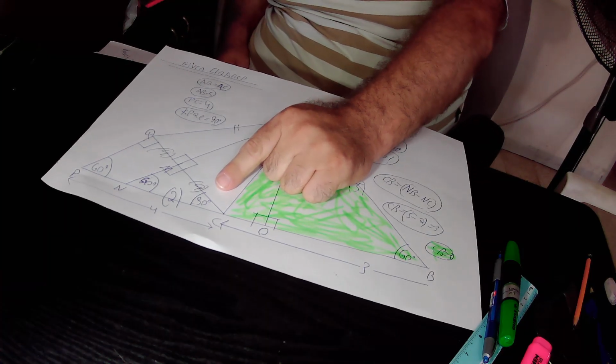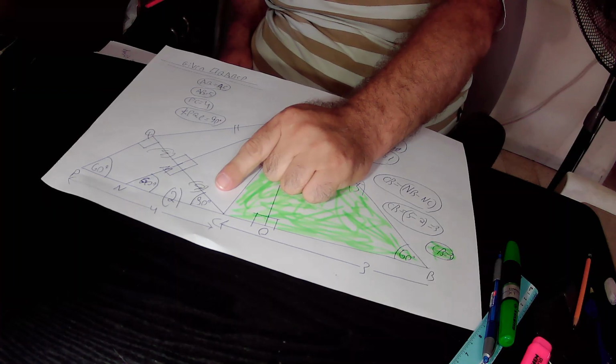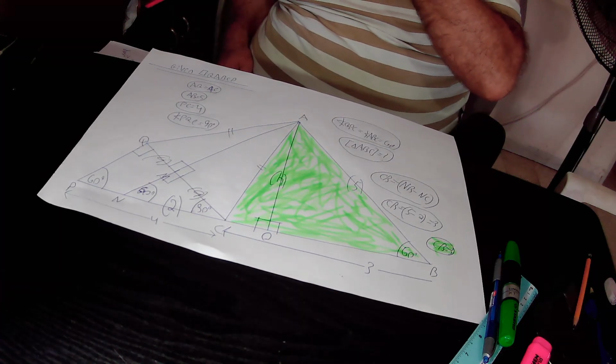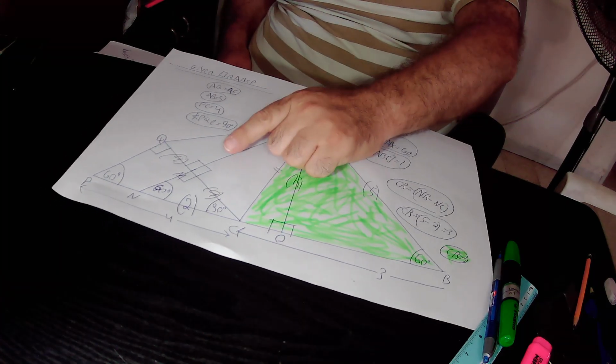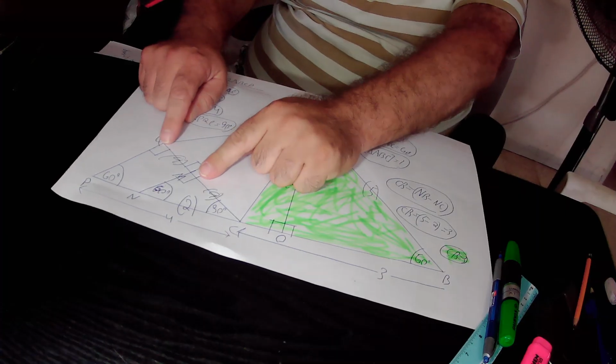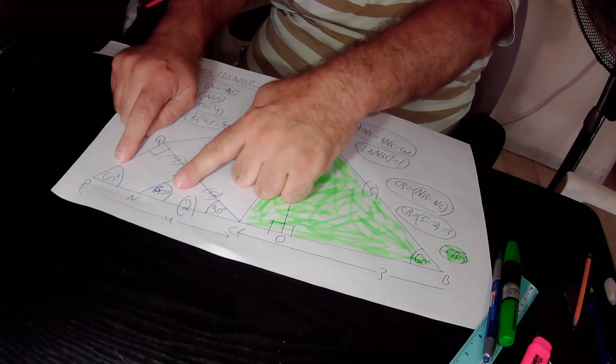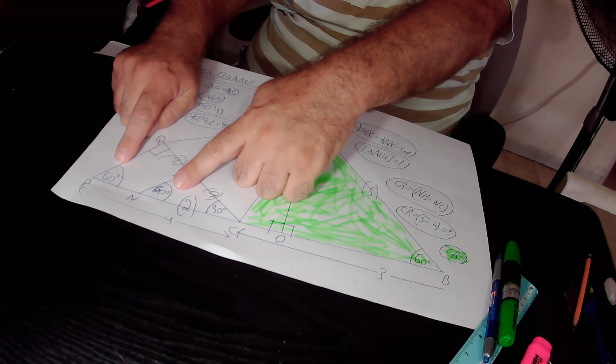So you can write down that angle C equals itself, a common angle that belongs to both triangles. In addition, those two angles are both equal to 90 degrees and therefore they are equal to each other. And finally, those two angles are both equal to 60 degrees and therefore they are equal to each other.